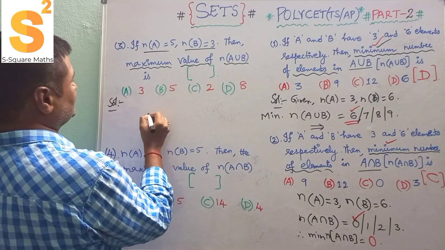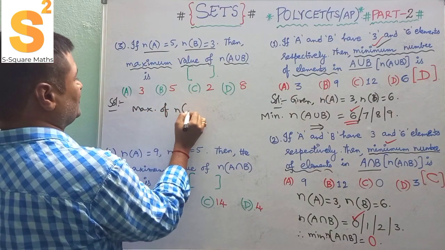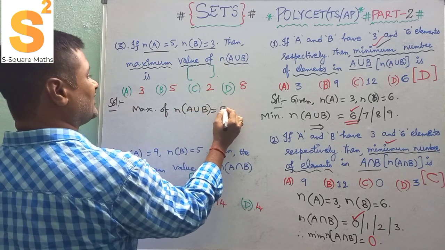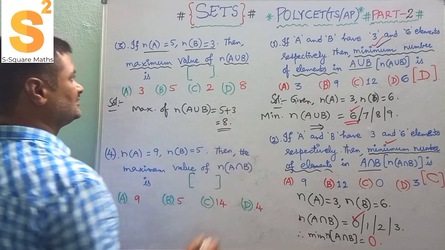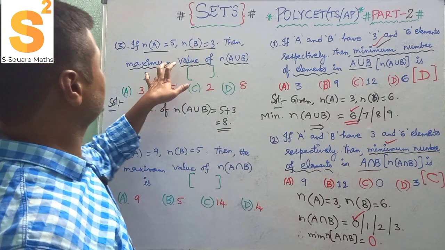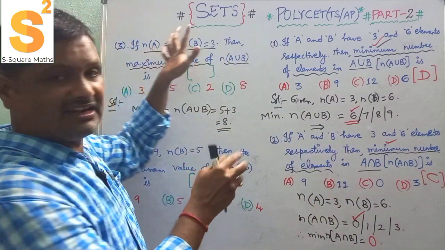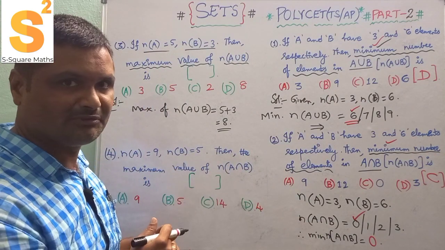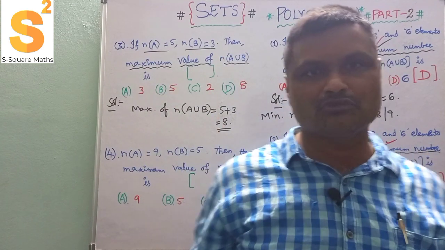So the maximum of n of A union B is 5 plus 3 equals 8. Only when A and B are disjoint sets is it possible to get the maximum of A union B. So take examples with disjoint sets and proceed.